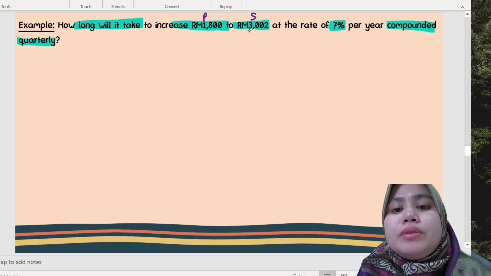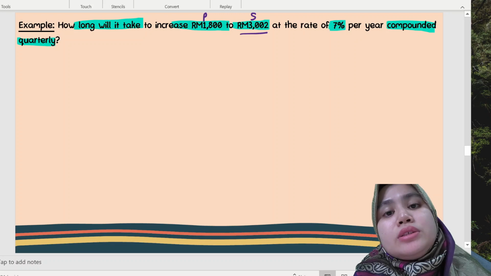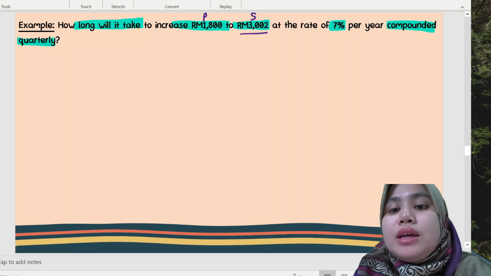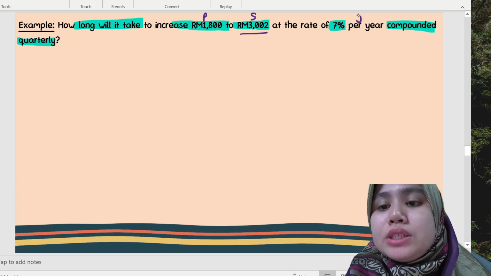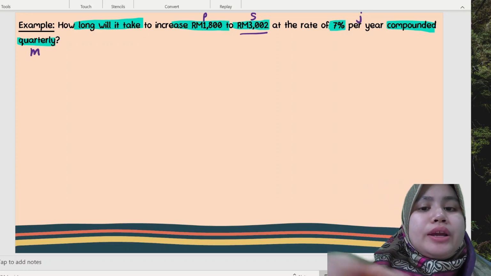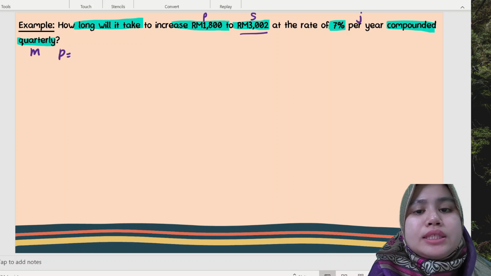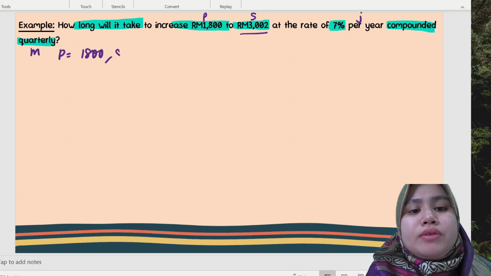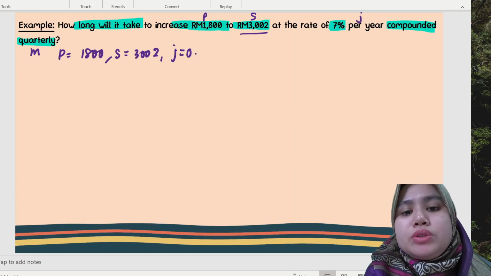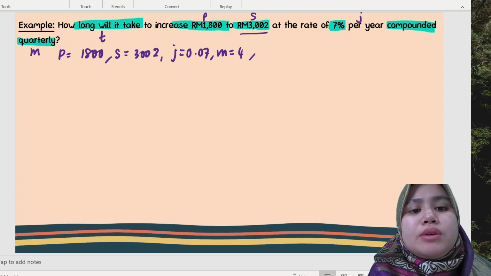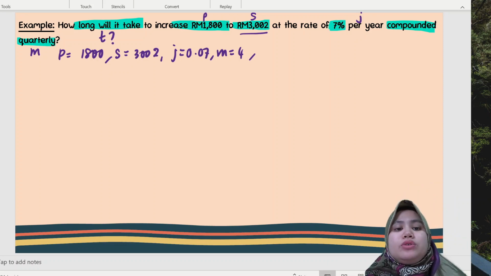Your aim is 3,000 ringgit, so that will be your S. At the rate of 7% per year compounded, this is your J, this is your M. Okay, so let's take out the information. We have J equal to 0.07, your M is equal to 4. So what is our question? It is for you to find T.